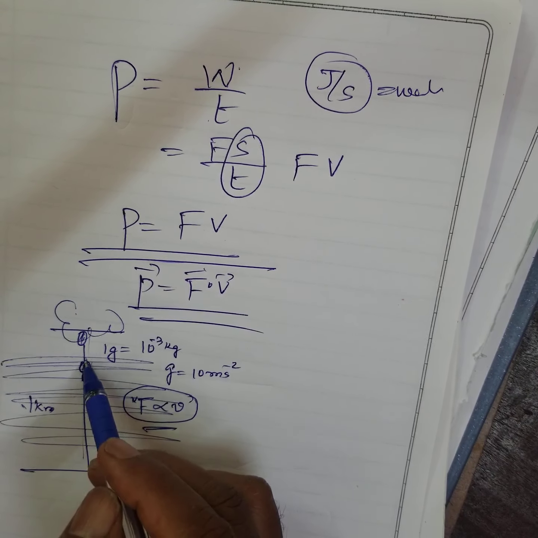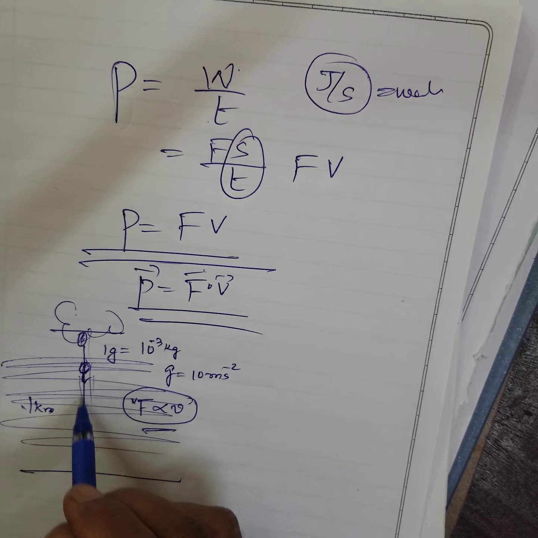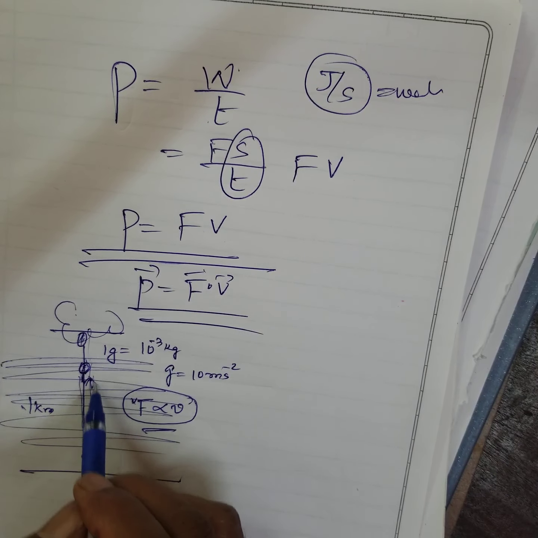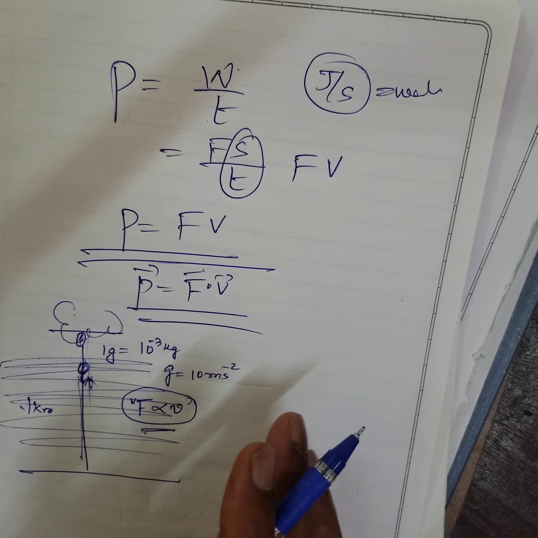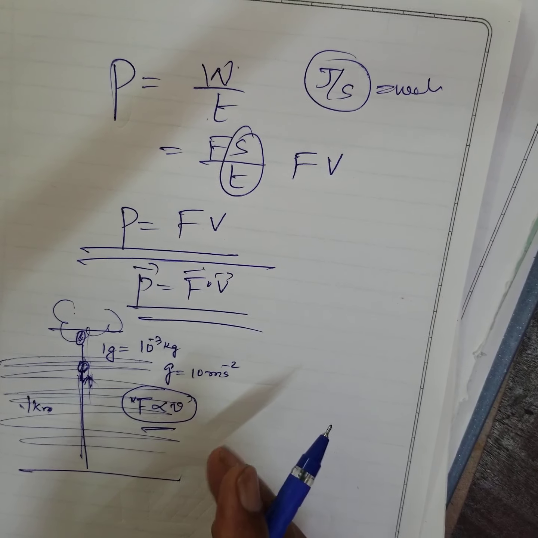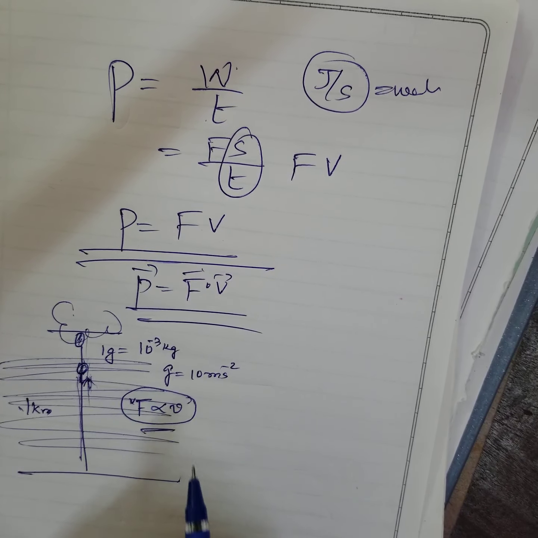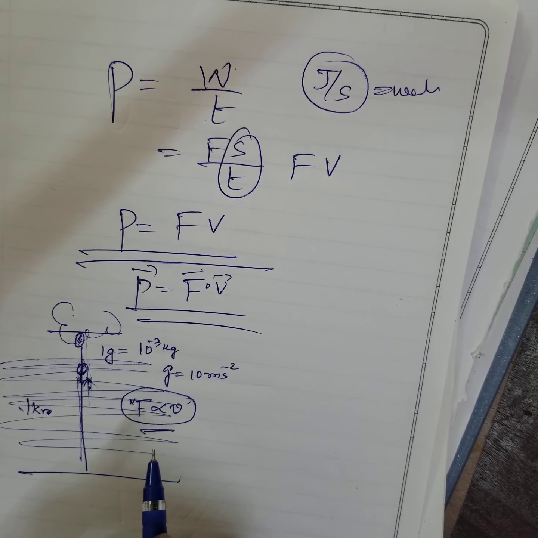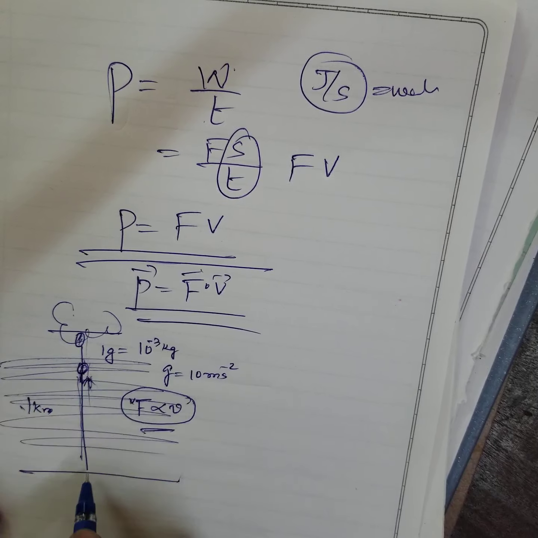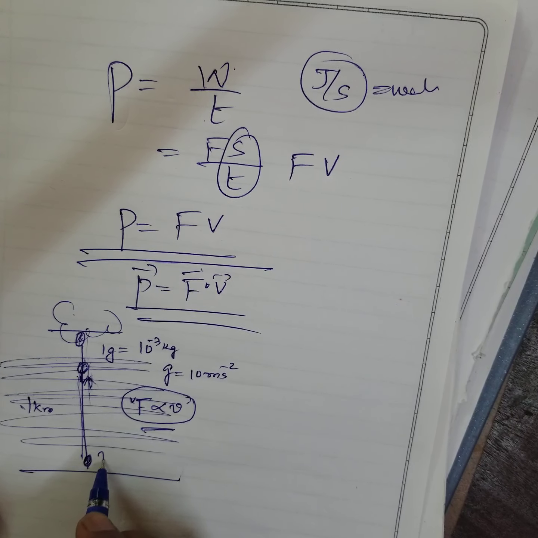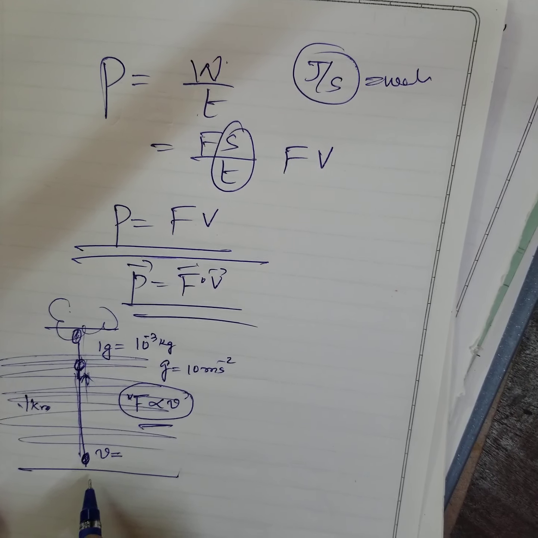The raindrop moves with a constant velocity, because there is a constant force acting on it.